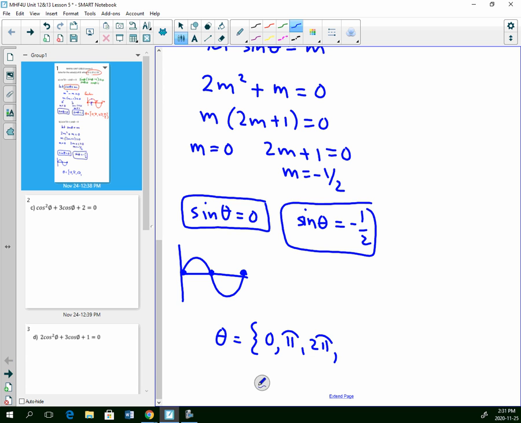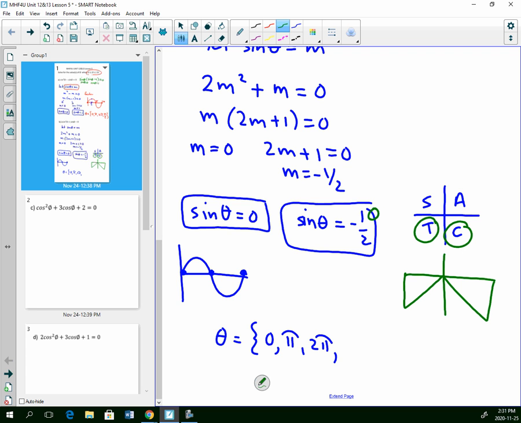And then sine theta equals negative 1/2. That is the other process, where I'm going to use my CAST rule to determine which quadrant it could be in. It's a negative ratio, so it could be in quadrants 3 or 4. I'll draw those.